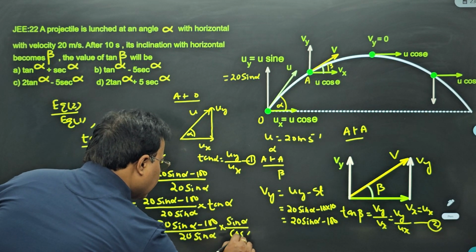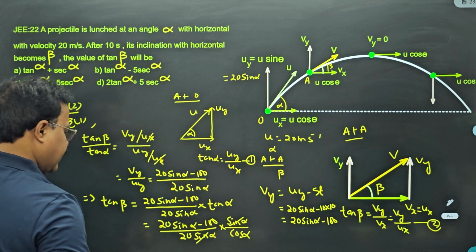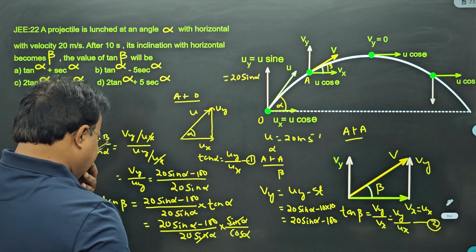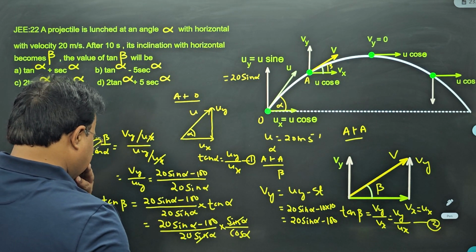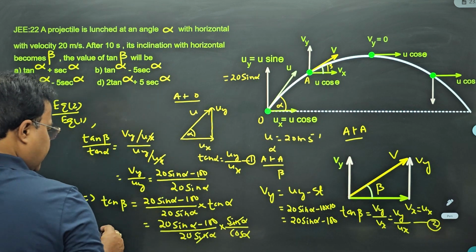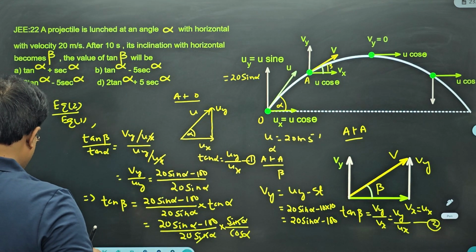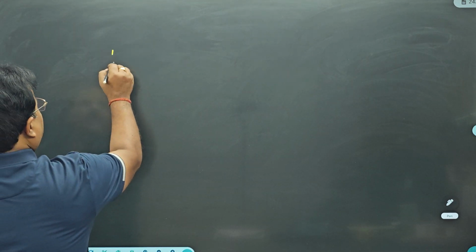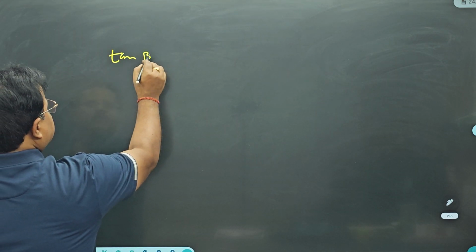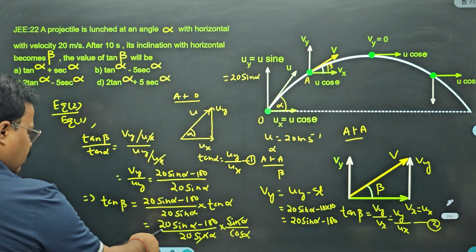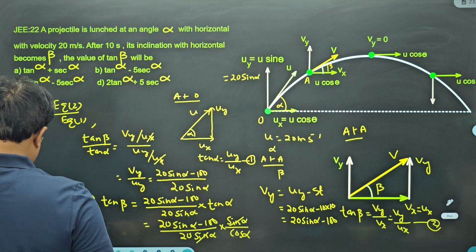Sin alpha cancelled here. Let me go to the next page. Tan beta is equal to 20 sin alpha minus 100.